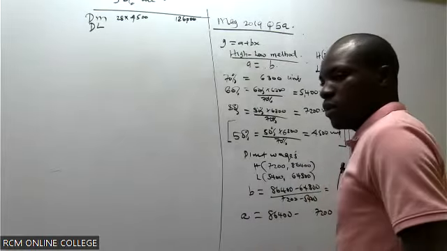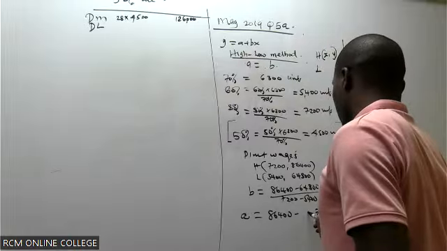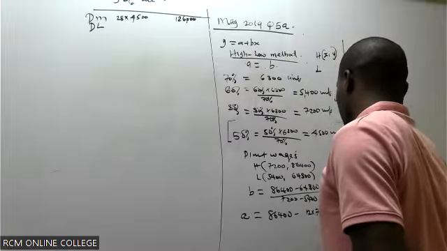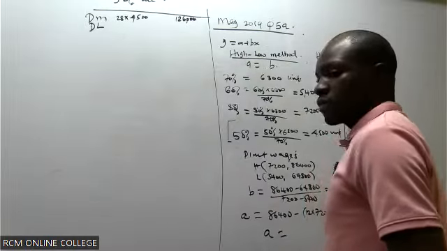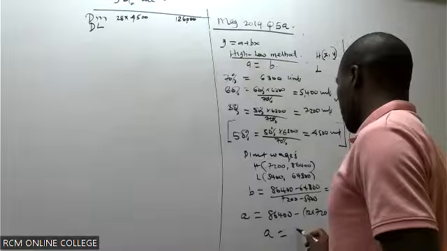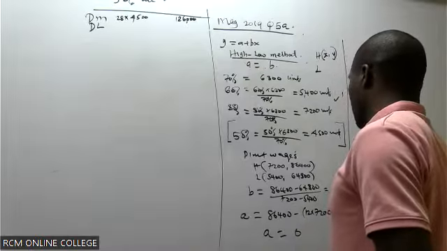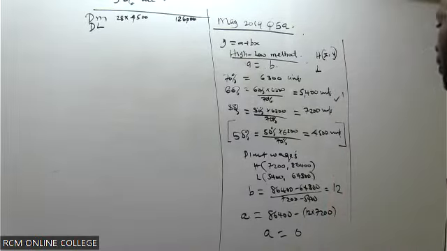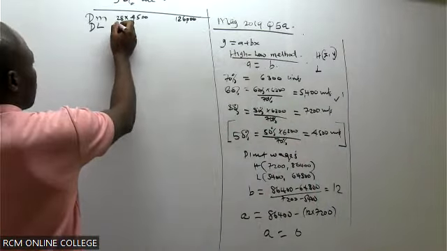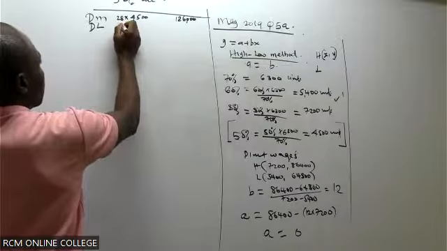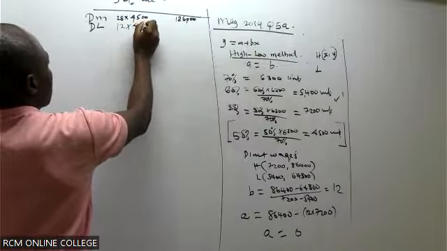B is 12. So 12 times 7,200. What will be the value of A? A is 0, and I'm told B is 12. Somebody confirm or reject that, so that you can look for the next alternative. So that will be 12 times 4,500.